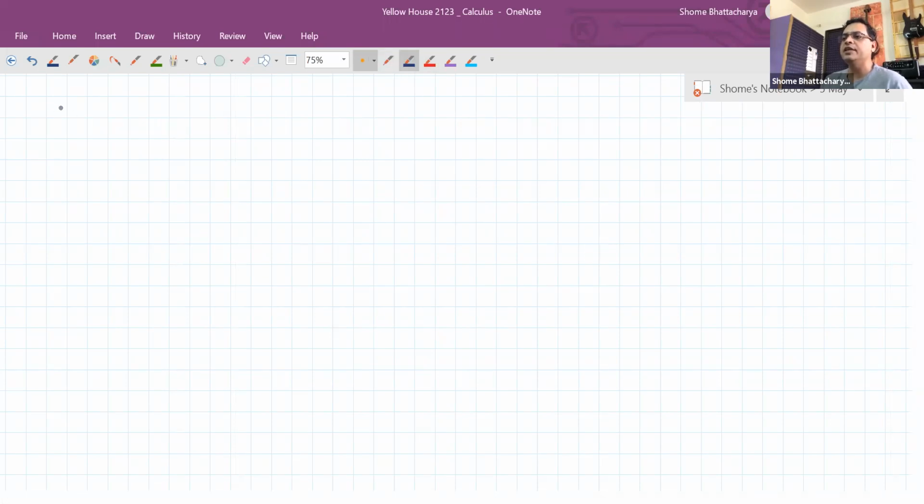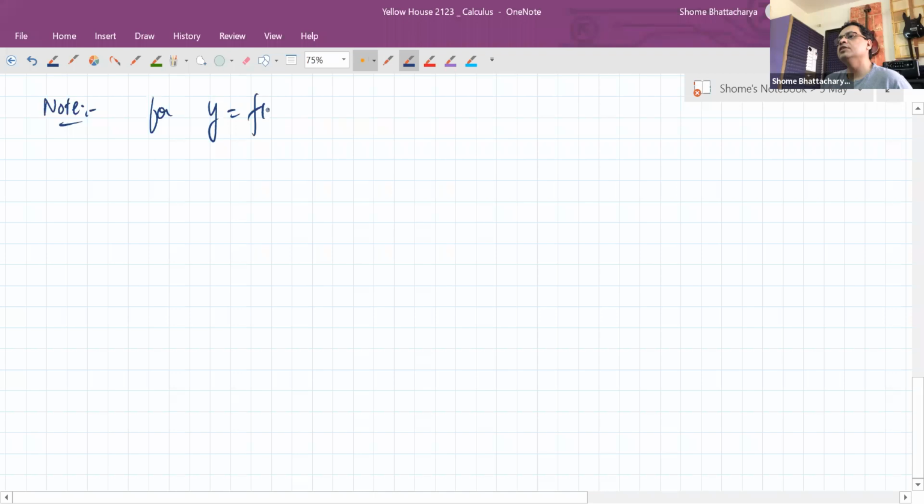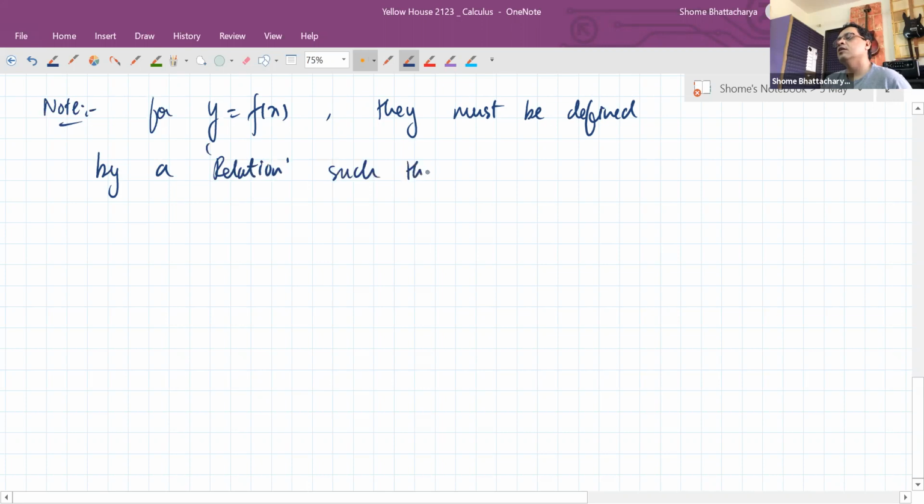It has to be a specific type of relation which satisfies this condition that I'm writing down: for y to be equal to a function of x, they must be defined by a relationship or by a maths relation such that any value of x gives a unique value of y. It should not give multiple values of y.